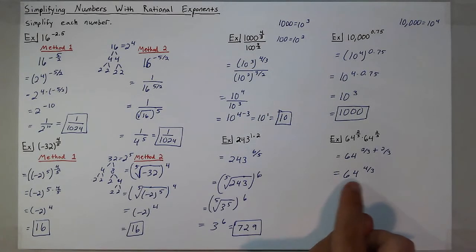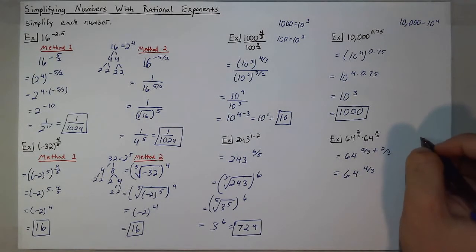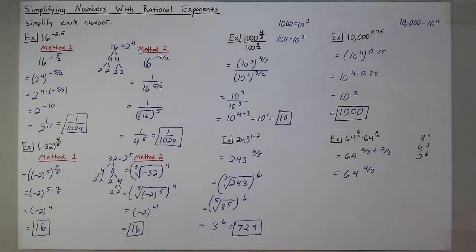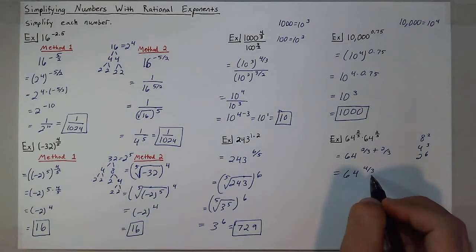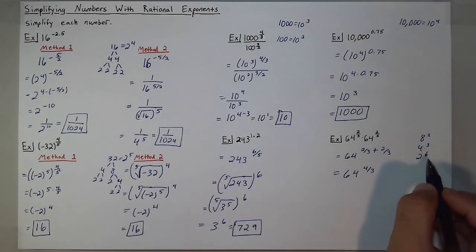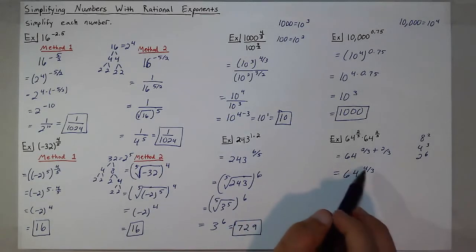Lots of ways to rewrite 64. So I'm going to write all those down real quick. I could write this as 8 squared, 4 to the 3rd, or even 2 to the 6th, and all of those give me 64. But which one would be the best choice? Just looking at the denominator here, it's 3. So either 4 cubed or 2 to the 6th would be the best choice because both those exponents are divisible by 3, while 8 squared wouldn't be the best choice because you have 2, which wouldn't divide by 3 very well.